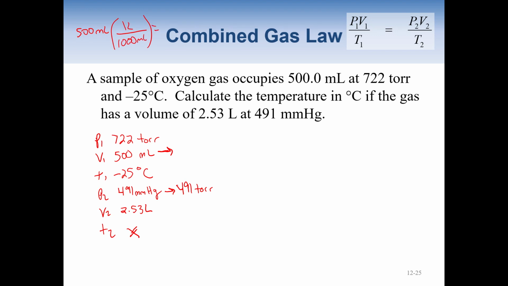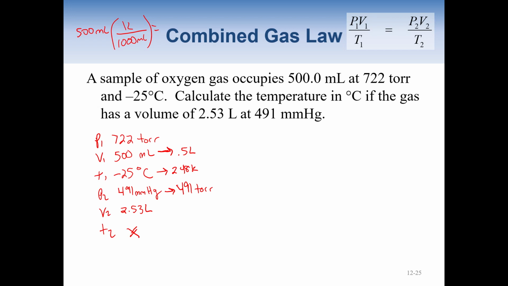So when we do 500 divided by 1,000, we get 0.5 liters. And now the temperature unit has to be in Kelvin. So we're doing minus 25 plus 273, 248 Kelvin.